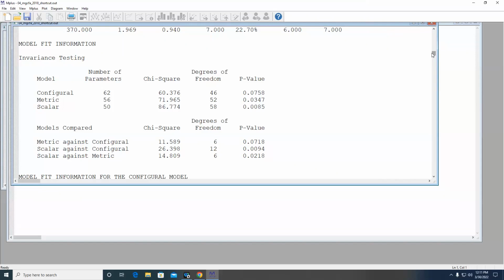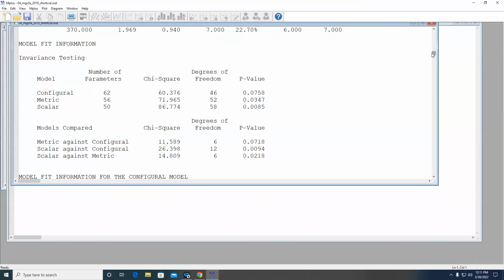So all of these models that we've talked about are nested, right? And how about that partial scalar model that we estimated? The partial scalar model is nested within the configural model, and it's nested within the metric model, and within the scalar model.